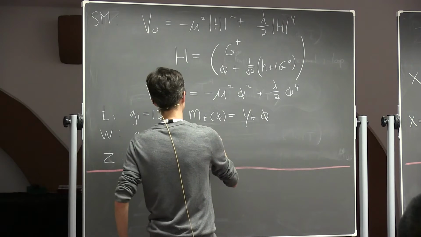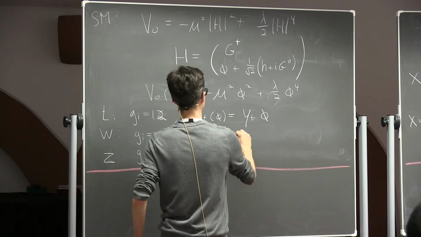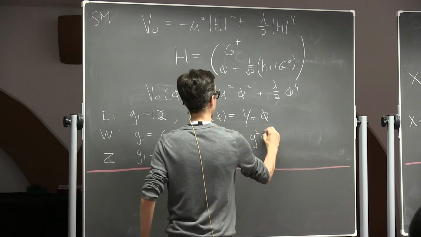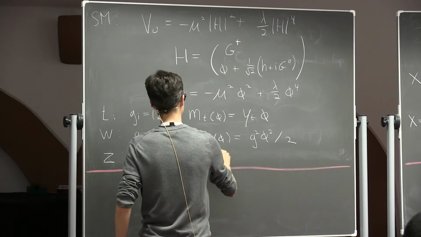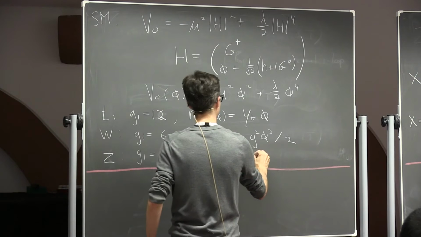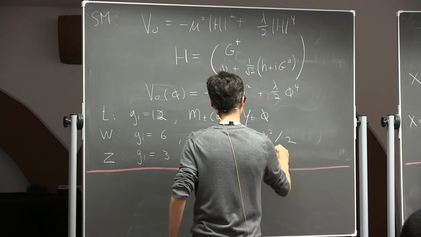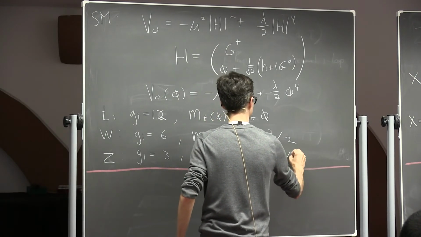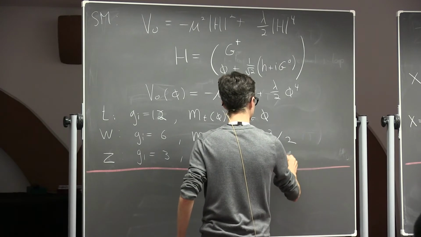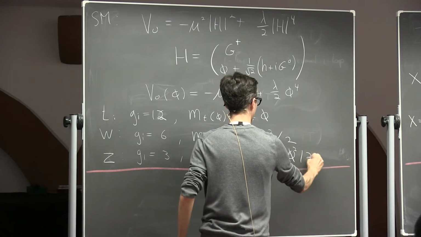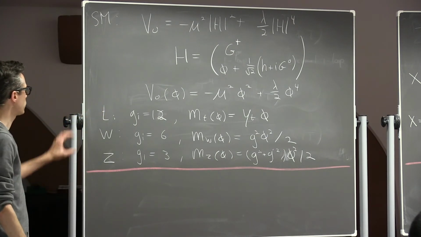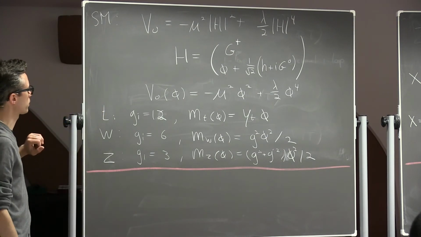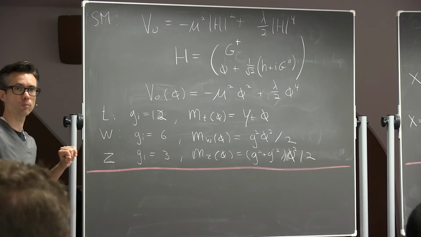And MW of phi is g squared phi squared over 2. And MZ of phi is going to be g squared plus g prime squared, times phi squared over 2. So these will be the leading contributions to the corrections to the effective potential of the Higgs.